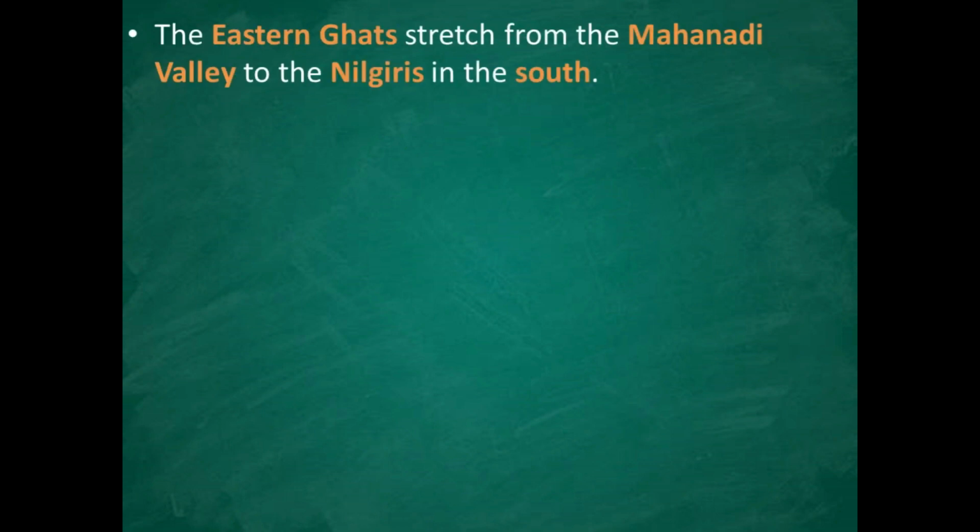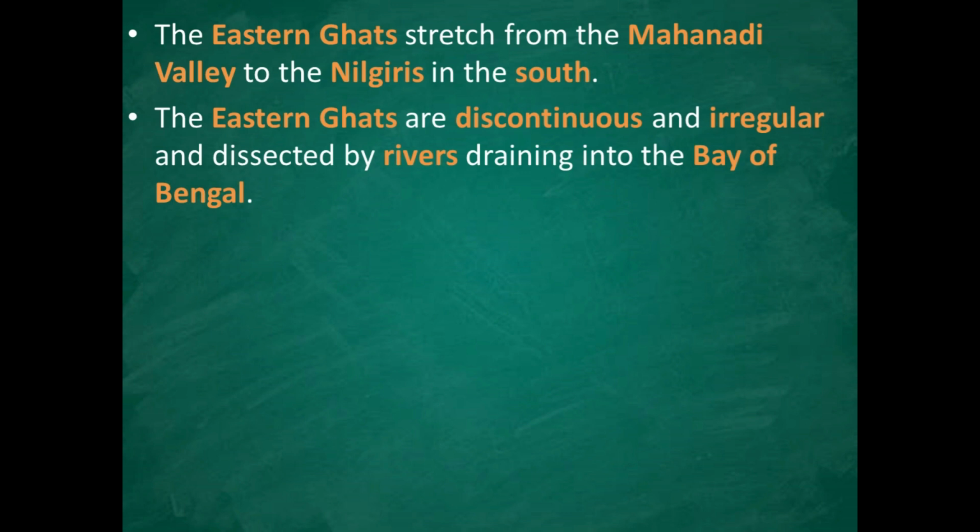The Eastern Ghats stretch from the Mahanadi Valley to the Nilgiris in the south. The Eastern Ghats are discontinuous and irregular and dissected by the rivers draining into the Bay of Bengal.